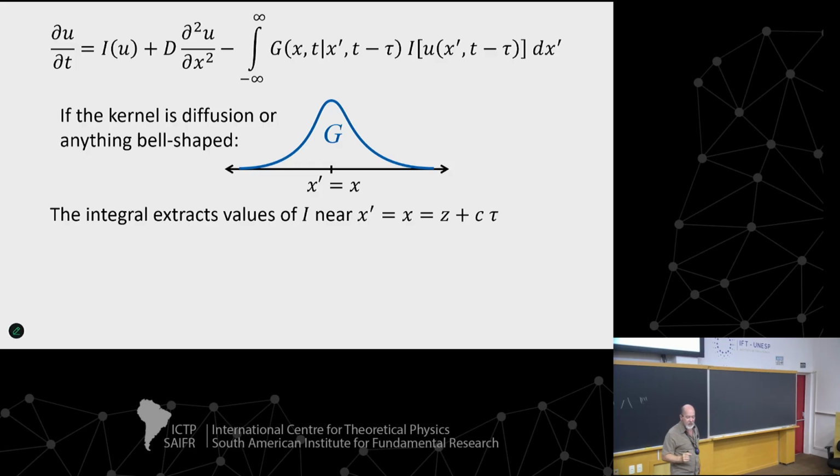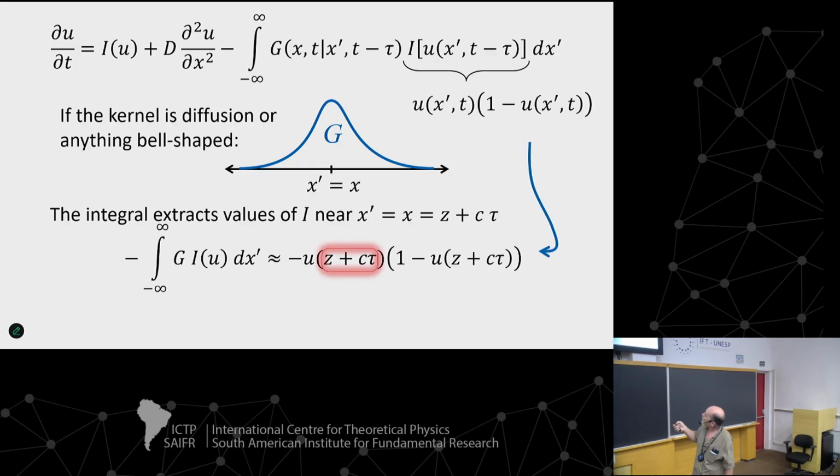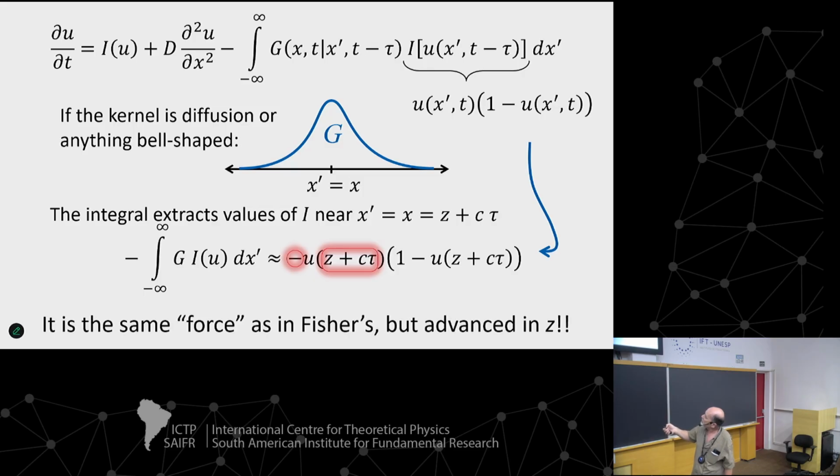If this is narrow enough, we can even write this approximation. We approximate the integral as the value of the integrand function at the point where x is equal to x prime. So the integral part in the equation will be approximately this part.